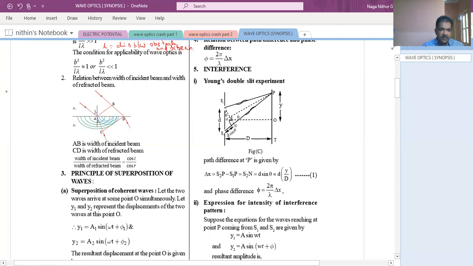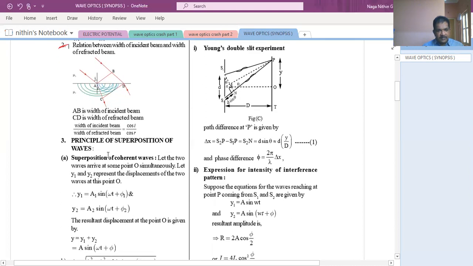Remember this formula using Huygens wave principle. How to verify the law of reflection and the law of refraction? In the law of refraction, width of the incident beam by width of the refracted beam is equal to cos i by cos r.